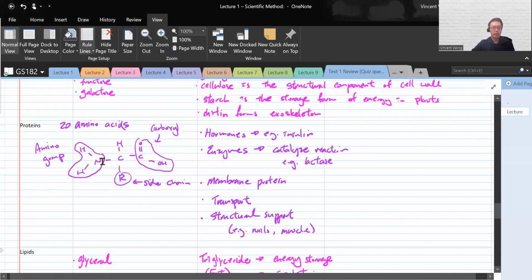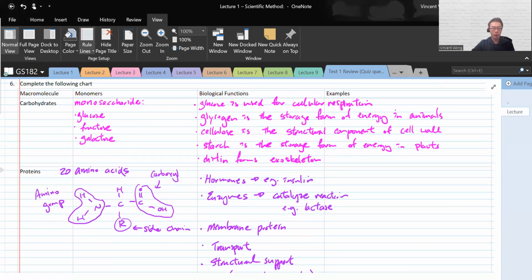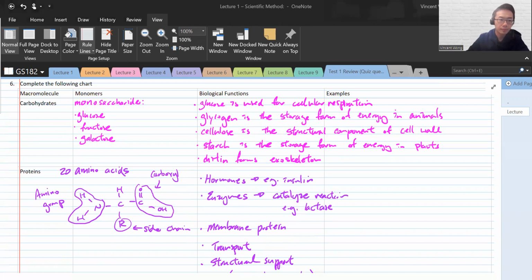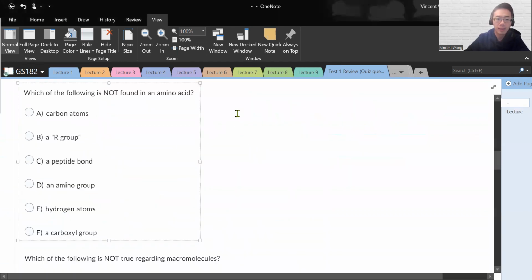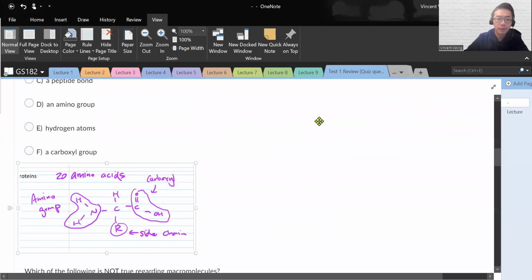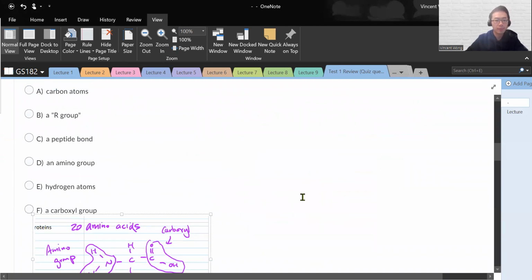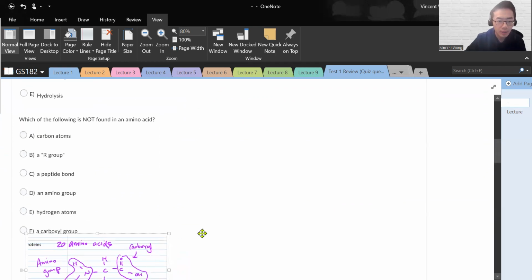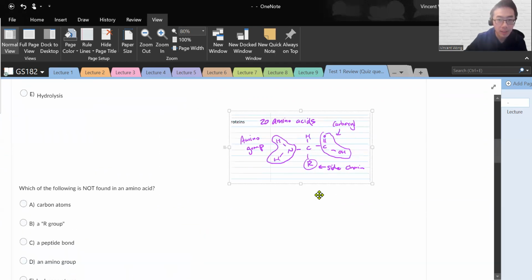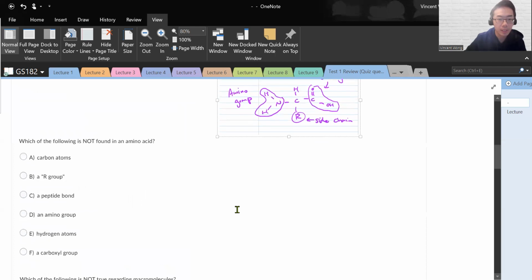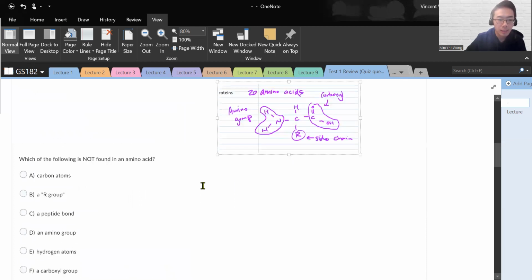Now, let me just copy this over to help you. There, that's the amino acid that we drew. I don't know why I cannot put it here. It's doing weird stuff, but there we go.